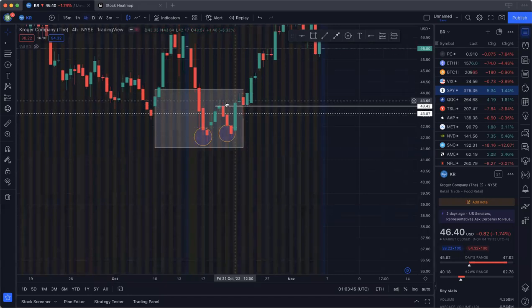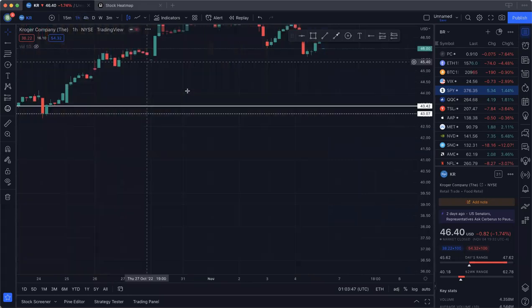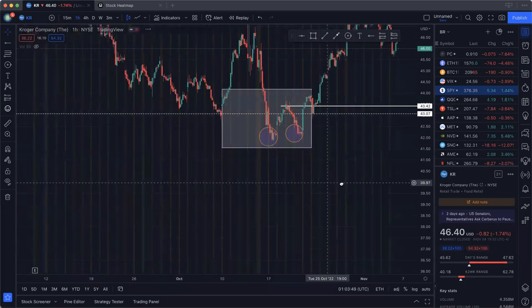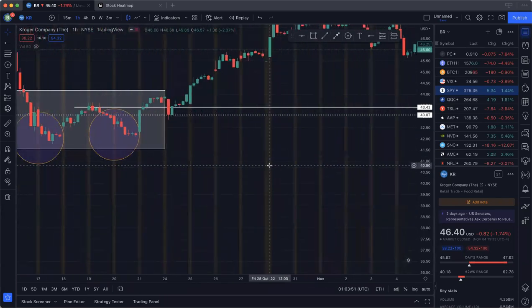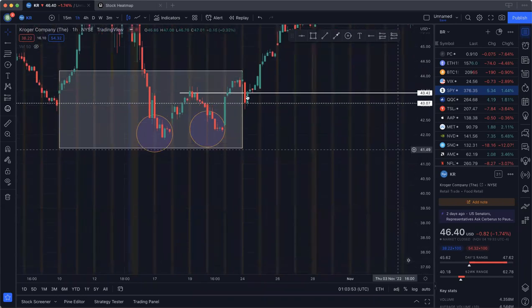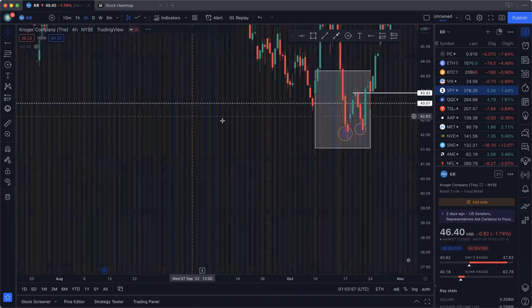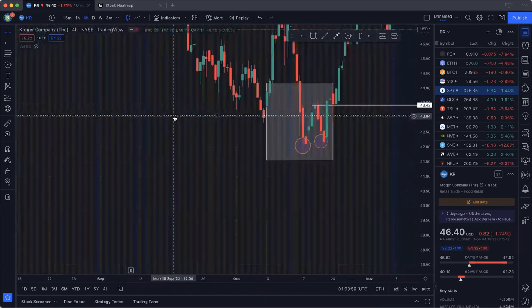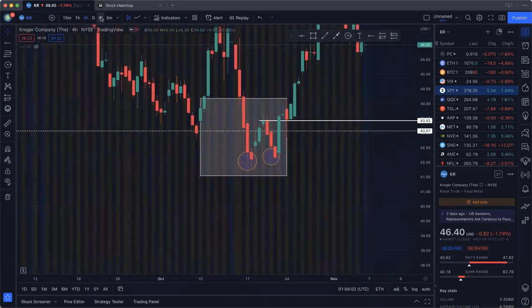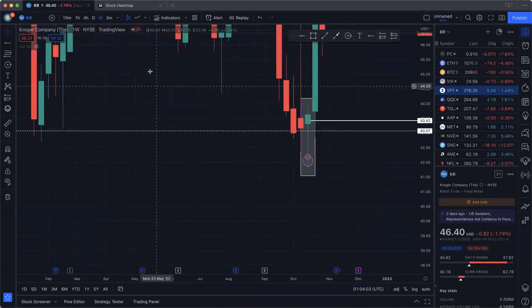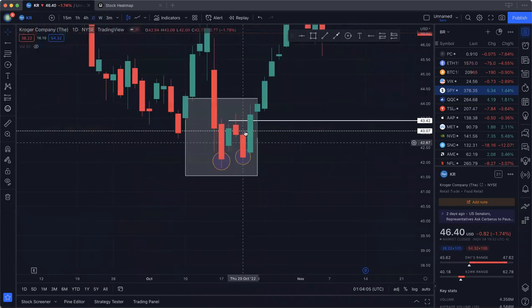If we look at a lower time frame, there's not too much to see besides the fact that we just bounced right off the support. So when we're looking at this, we can take a deeper dive into this weekly candle to see all the different things that come before this candle forms.